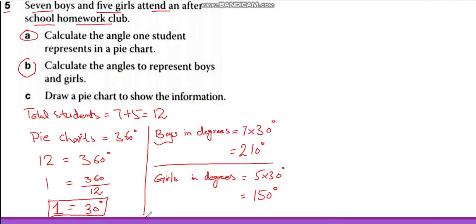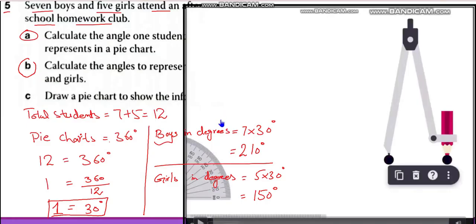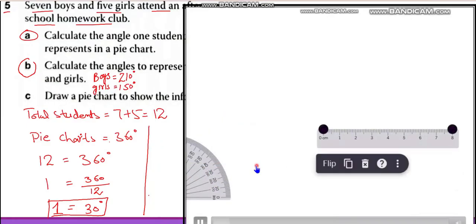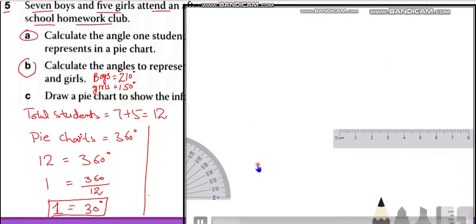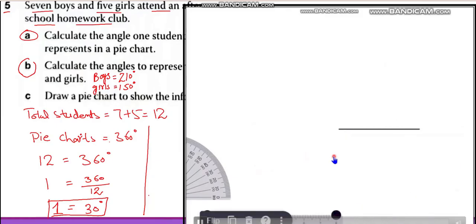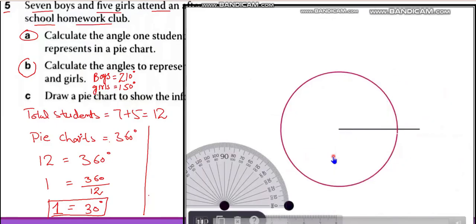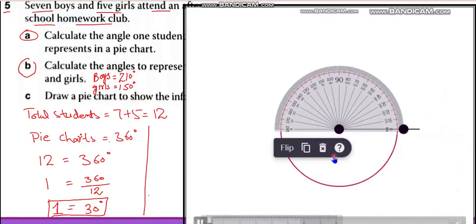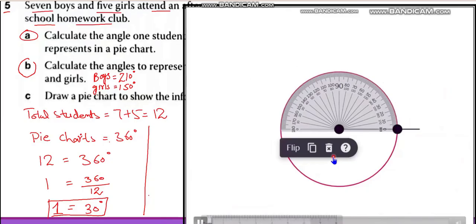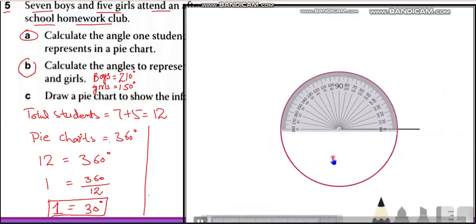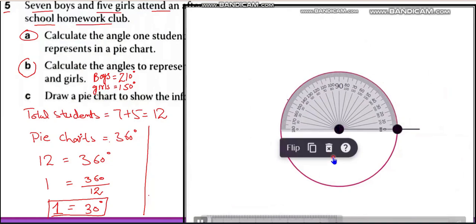So let's observe the video over here. First of all, we will draw a straight line, and then we will draw a circle. So this is how we can draw a circle, and then we will draw the angle of 150 degrees to represent the girls.